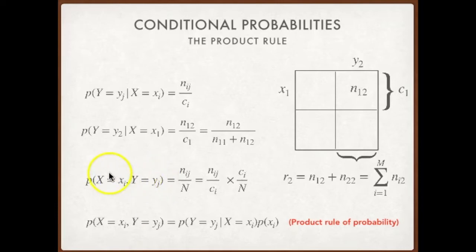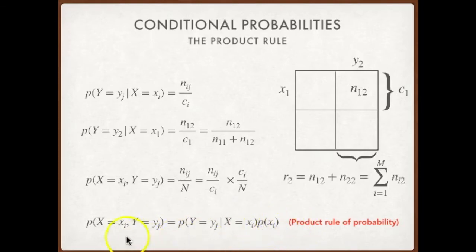Now we know that the joint probability of x equals xi and y equals yj is equal to nij by n. If we divide and multiply this equation by ci and rearrange, then we get a very useful result which states that the joint probability is equal to the product of the conditional probability and the marginal of the random variable on which it is conditioned.